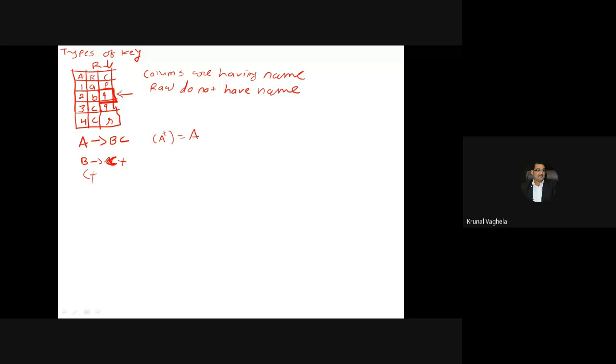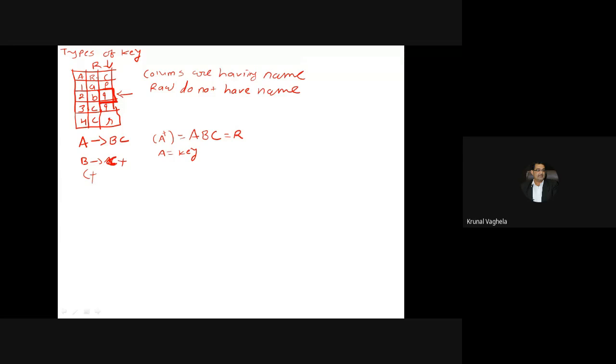And from A I can find both B and C. So from A you can find A, B and C. The total relationship is R. So if my closure is the entire relation R, my A will work as a key. Getting my point?